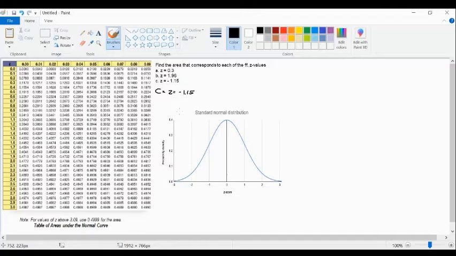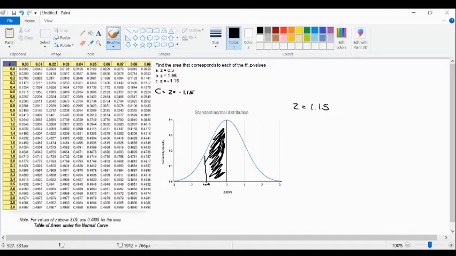So, first step is we make this into a 3-digit form, that is z equal to 1.15. Then let's try to locate this in our graph. So, negative 1.15 is located somewhere here. Okay, and then let's shade this region.